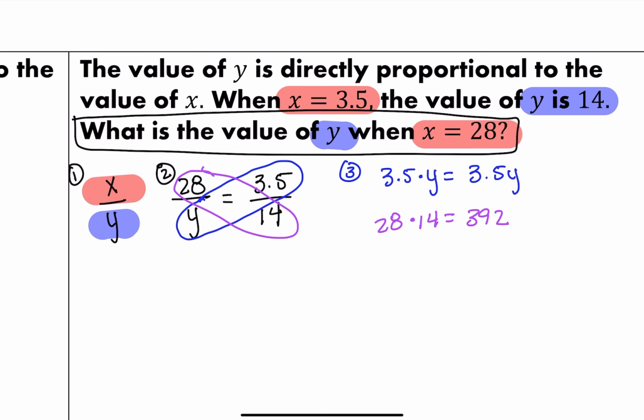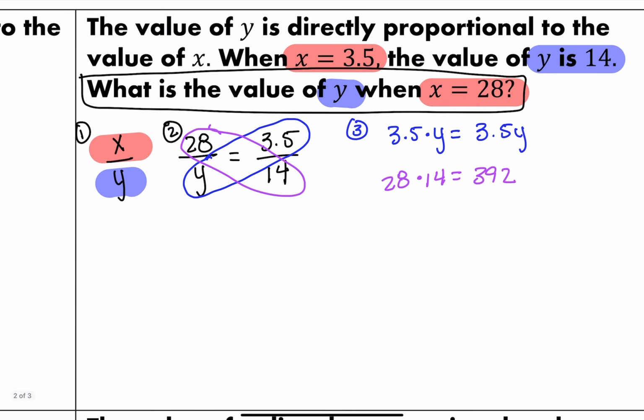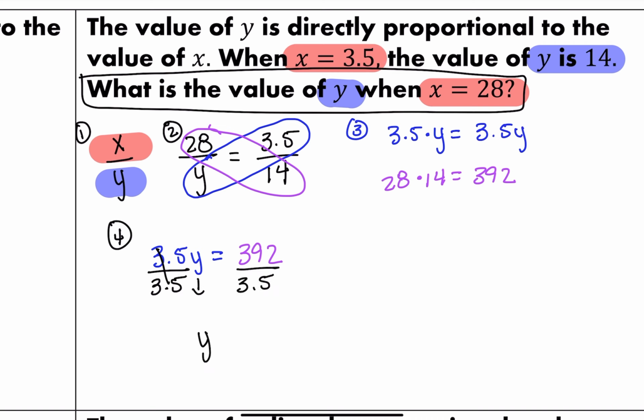And so I'm going to go ahead and set that up. I'm going to have 3.5y is equal to 392. And step 4 is going to be to divide. So you always divide by the number in front of the variable on both sides. You didn't touch the y, so you bring it down. And then your final answer is going to be 112.